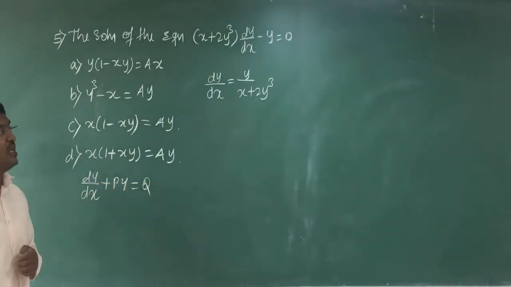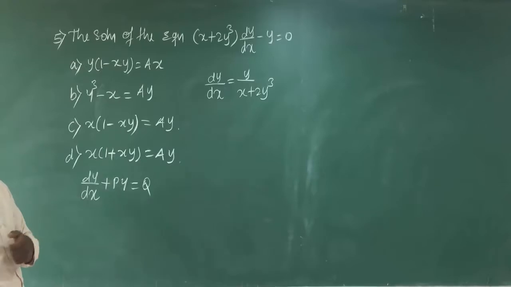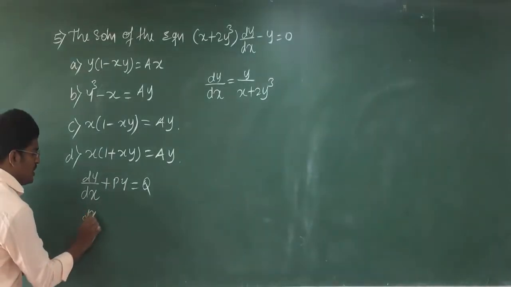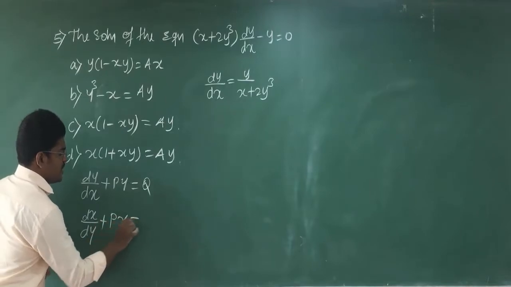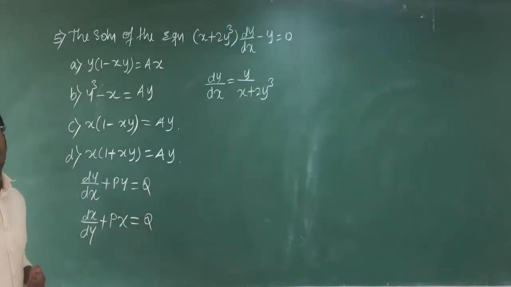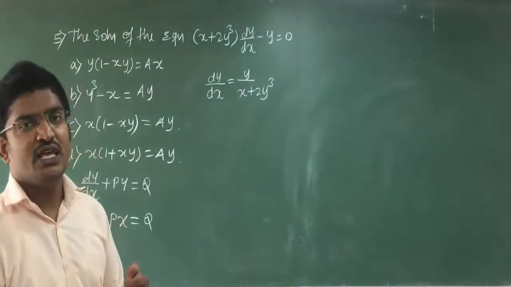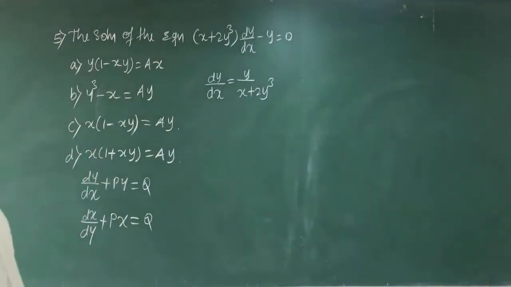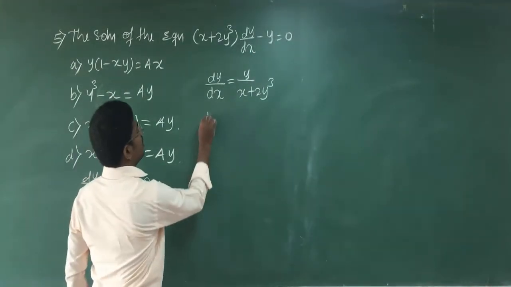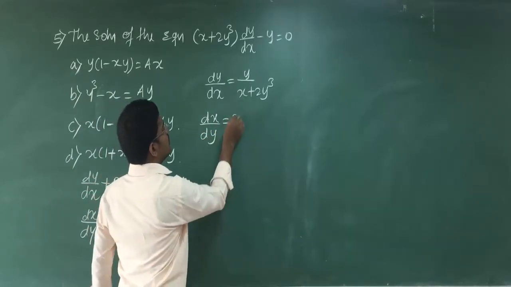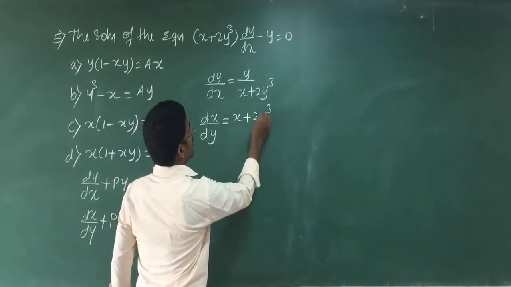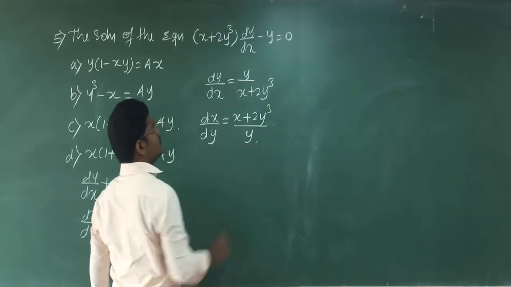So for that reason, you have to go for the second form, that is dx by dy plus px equal to q, and you have to simplify. So let us take it as dx by dy equal to x plus 2y cube divided by y.